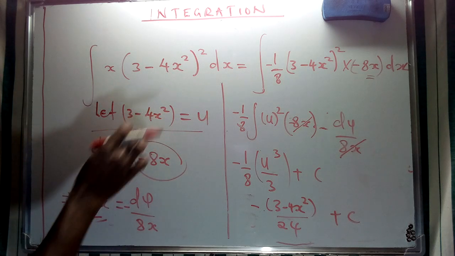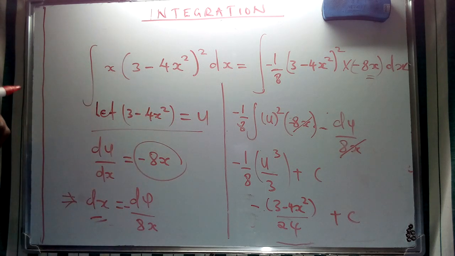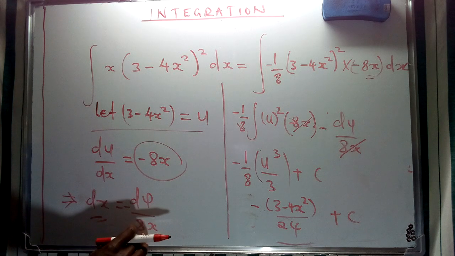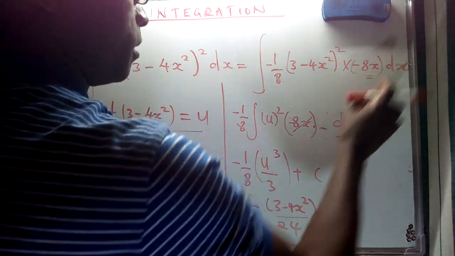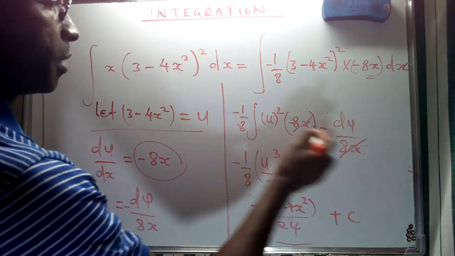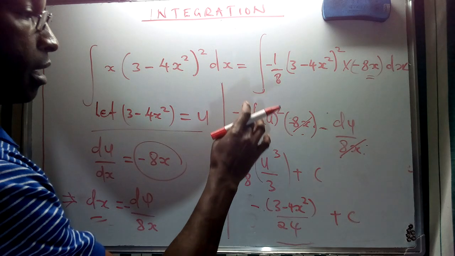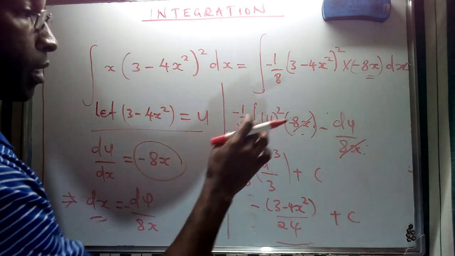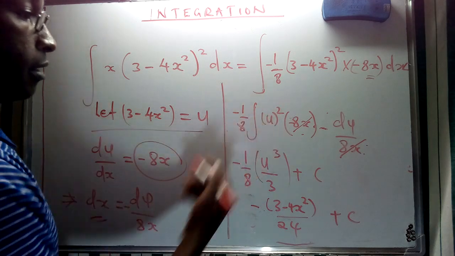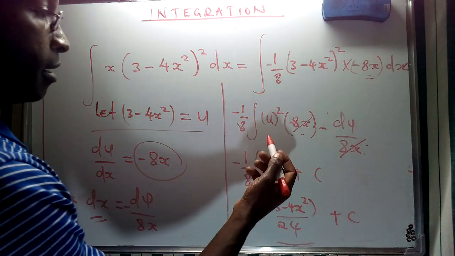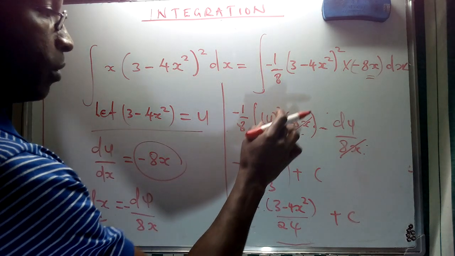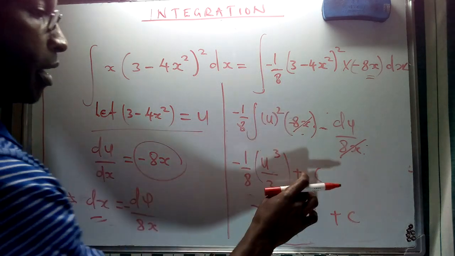So we're going to have dx given as negative du over 8x, and in now substituting this, we're going to cancel out these specific parts, and we're going to remain with negative 1 over 8 u squared du, and in finding the integral of this specific part, this is going to be given as u raised to power 3 over 3 plus c.